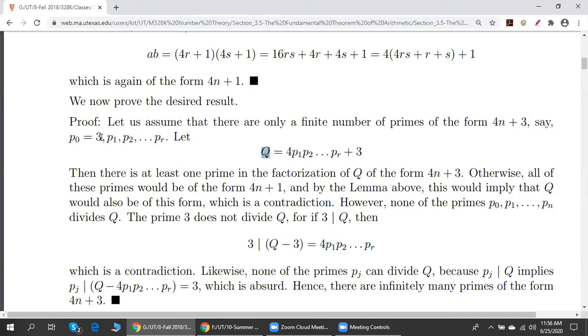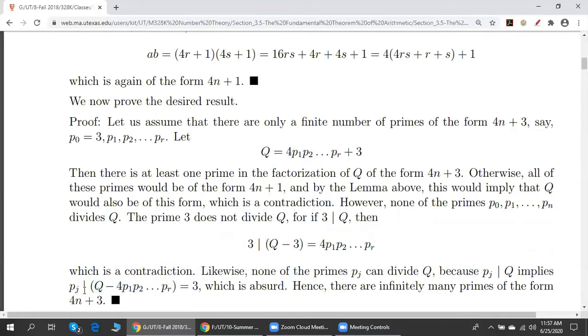Similarly, suppose Q is divisible by one of these prime numbers. In this case, let us move this to the left. We will get this.